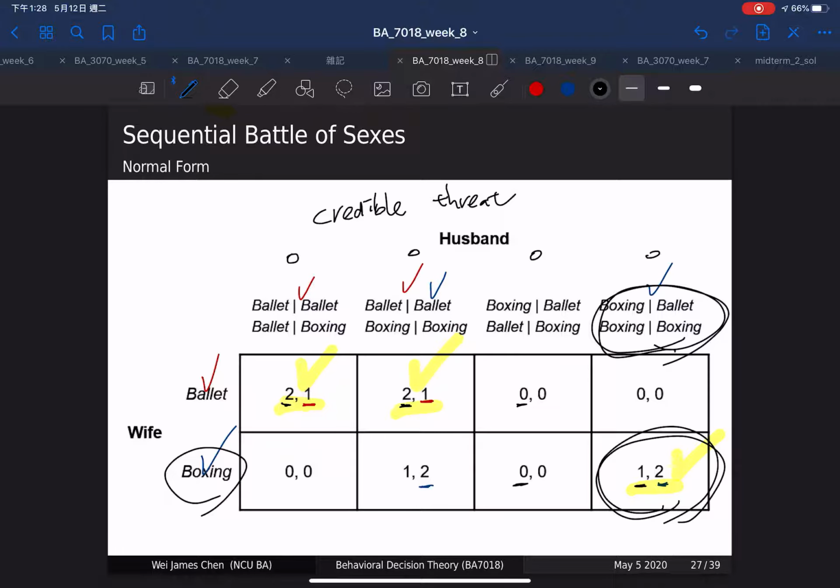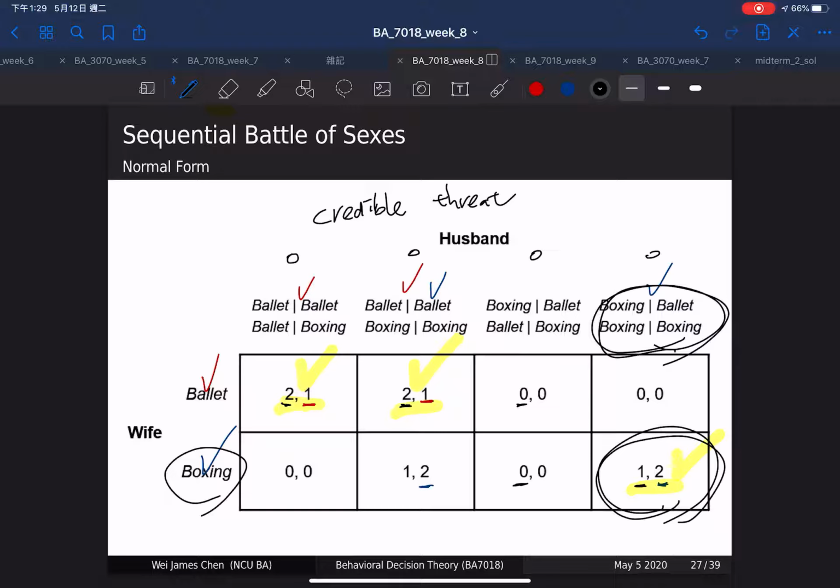Or in this specific example, clearly if you go to boxing, I want to go to boxing with you. But even if you go to ballet, I actually want to go there with you, but I threaten you that I will actually go to boxing instead. No matter what, I will just do boxing. So I force you to choose boxing as well. That's why it's called a threat. Is that clear? Okay. So this threat is non-credible.